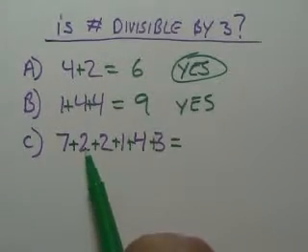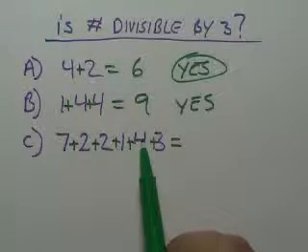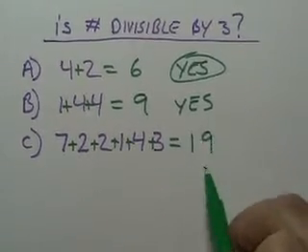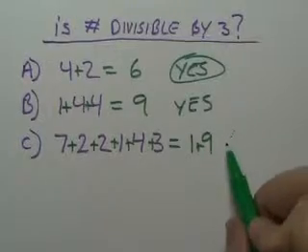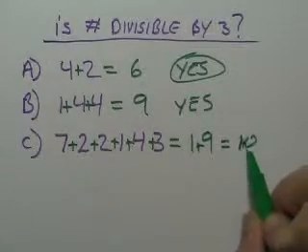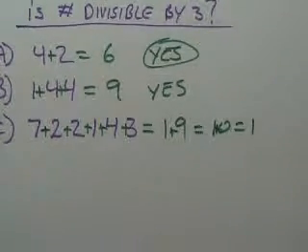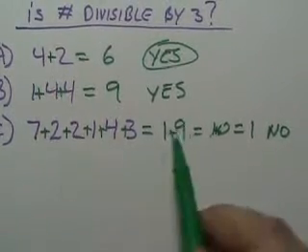Let's see, that's 9, 10, 11, 12. 12 and 4 is 16, 17, 18, 19. And if I add 19, 1 plus 9 is 10. Oh, if I add that, 1 plus 0 is 1. So my answer is no. Notice I just keep on adding digits.